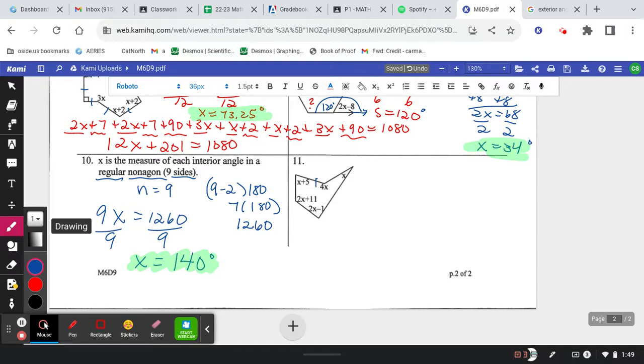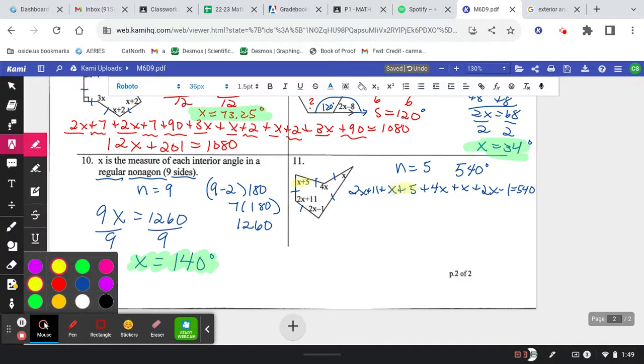Last but not least, we have a 1, 2, 3, 4, 5-sided figure, a pentagon. And so 3 times 180. Look back at the chart if you need to look up that 540. So we have x plus 5 plus 4x plus x plus 2x minus 1 plus 2x plus 11 is equal to 540. Let's make sure I got them all.